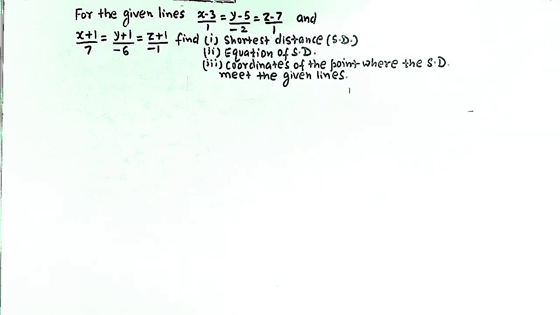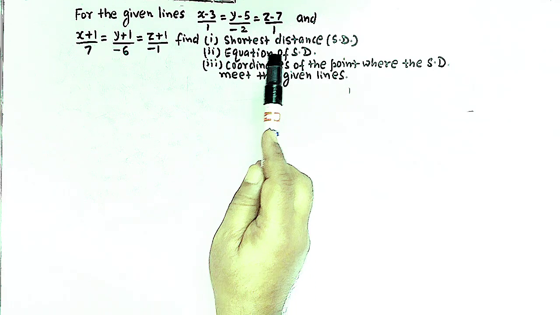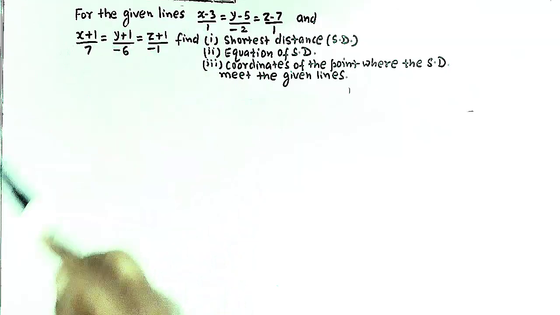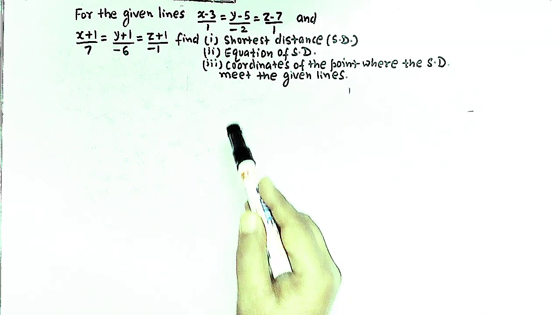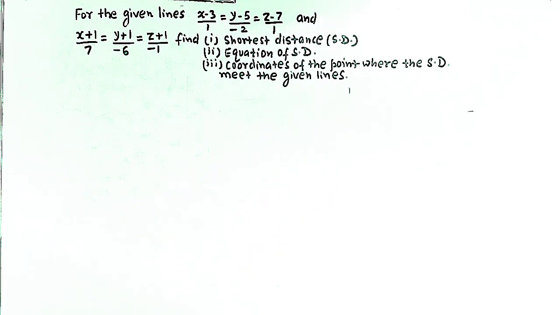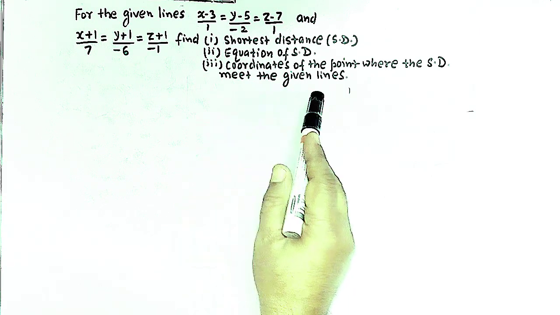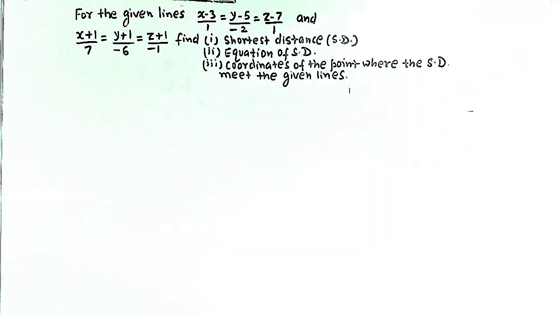And here we have to find out the shortest distance between these two non-coplanar lines, and in addition to this we have to find out the equation of the line of shortest distance and the coordinates of the points where the line of shortest distance meets the given lines, right?